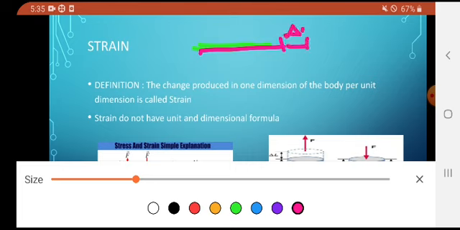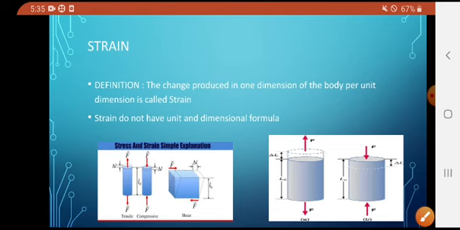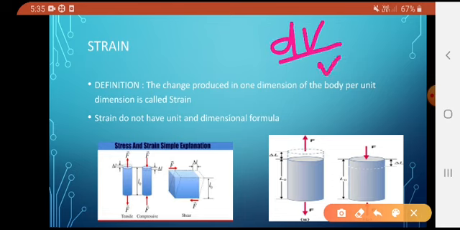So delta L is the length increase, the original length is L, then delta L by L, change in length by original length. This is a longitudinal strain. And if you are applying some force on a volume, then volume strain is dV by V, change in volume by original volume.